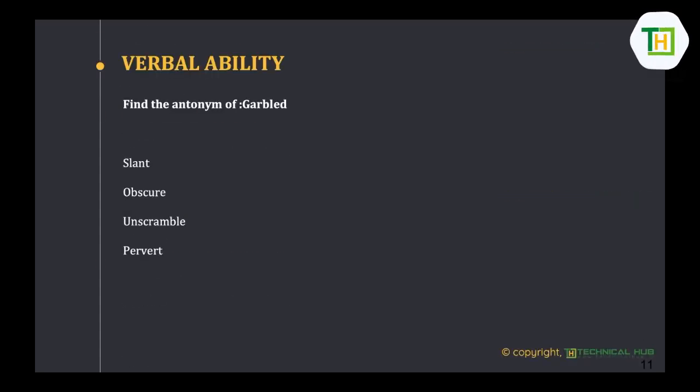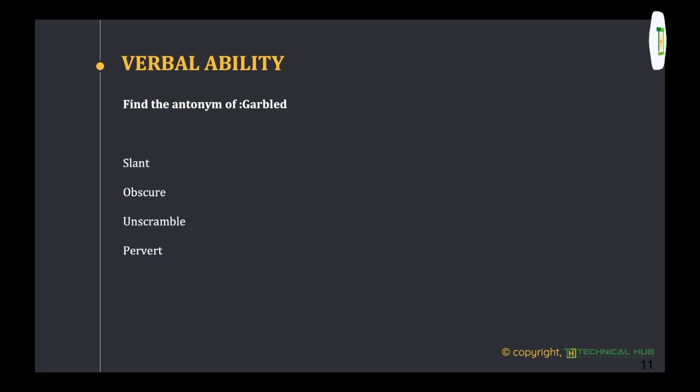Find the antonym of garbled. What do you mean by garbled? We all know this word very well. We all use it every time actually. See, for example, sir, I bought a new glass jar yesterday.